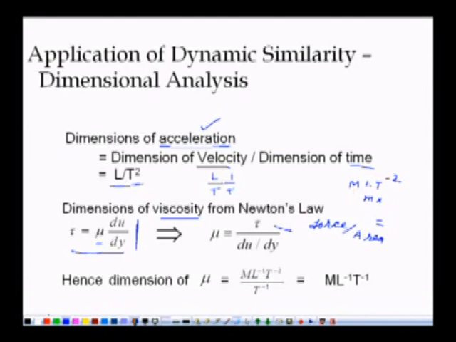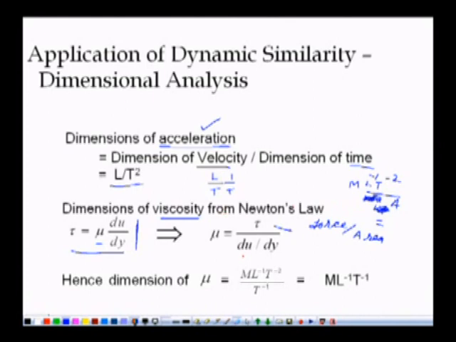And what is the dimension of tau, shear stress? It is divided by area. What is the dimension of area? L into L, L square. So, this will become m L minus 1 t minus 2. So, the dimension of tau is m L minus 1 t minus 2.